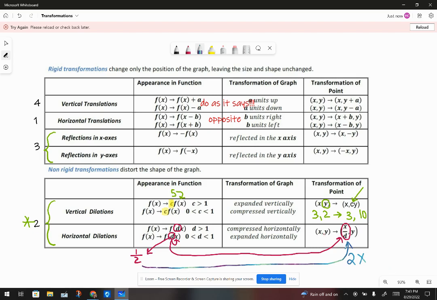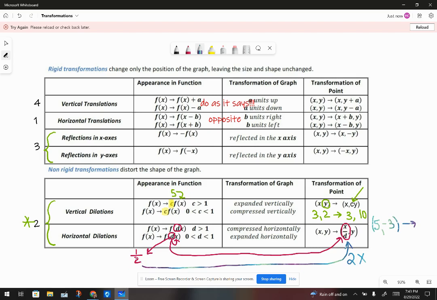So making up an example, let's say your X and Y was 5, -3. That's your original point, right? What does it become if your D value was 1/2?